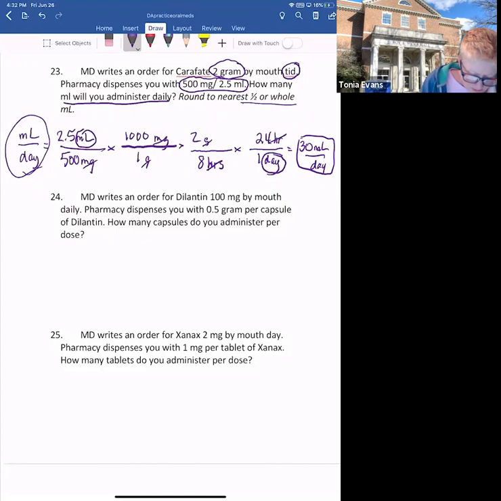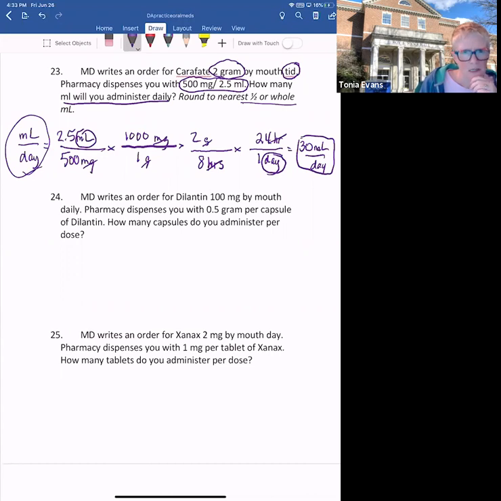So 30 mLs per day. If I just were to eyeball this and I want to double check my work, do I think that's right? I could look at this and go, okay, I'm giving 2 grams 3 times a day, so my total should be 6 grams, right? So 30 mLs, is that 6 grams? I can look at that concentration and figure it out.